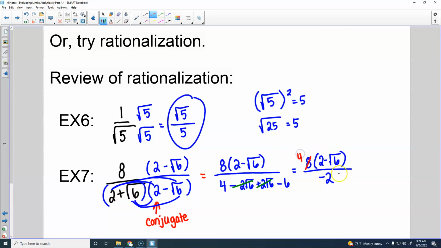You could make this a 4 and that a negative 1. So you've got 4 times 2 minus square root of 6 over negative 1, which would probably be written as negative 4 times 2 minus square root of 6, or negative 8 plus the square root of 6.